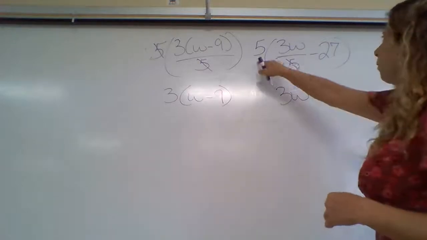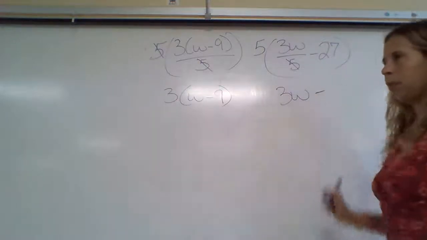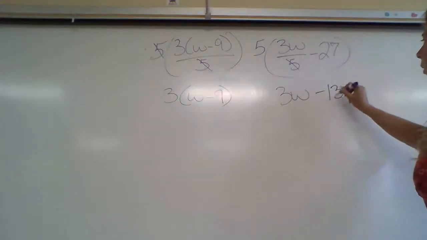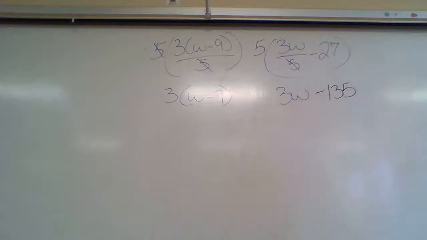But then I have to multiply 5 times negative 27. Oh dear. Which is, hold on, let's see. Negative 20 times 5 is negative 100. Negative 7 times 5 is negative 35. So negative 135? Maybe?